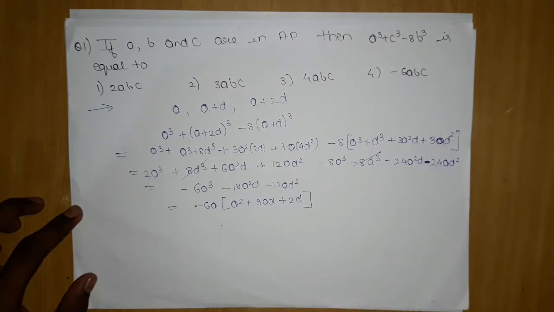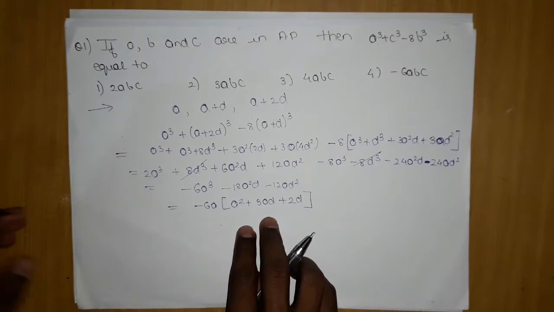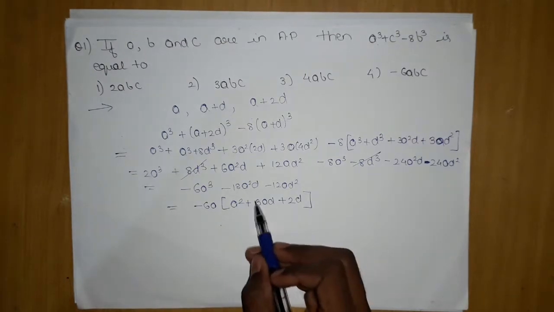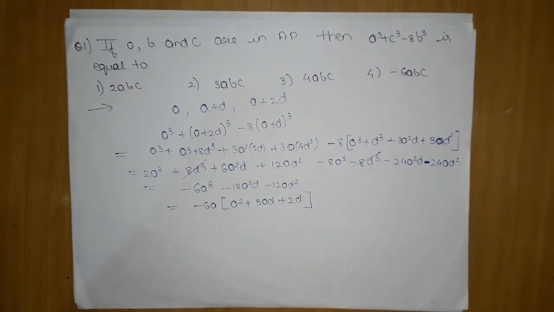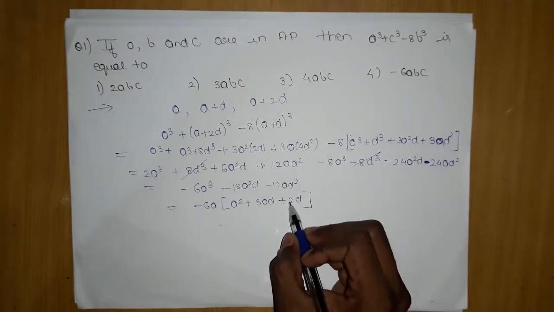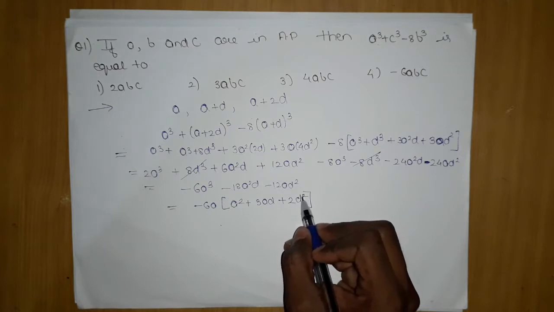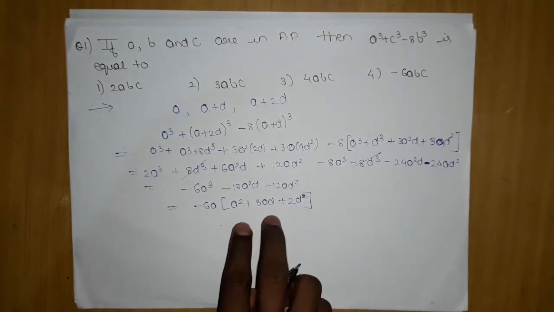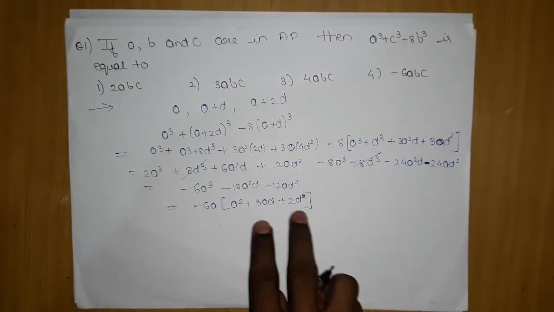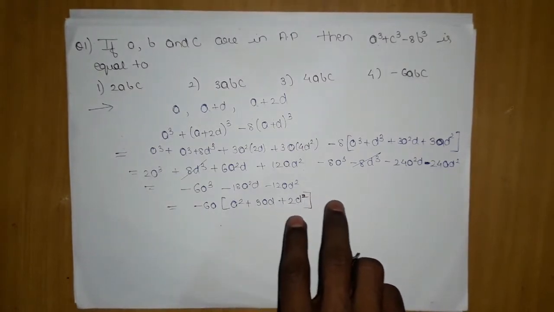After this step, we can break the middle term further. If I break 3ad into ad and 2ad, then we can simplify this further.